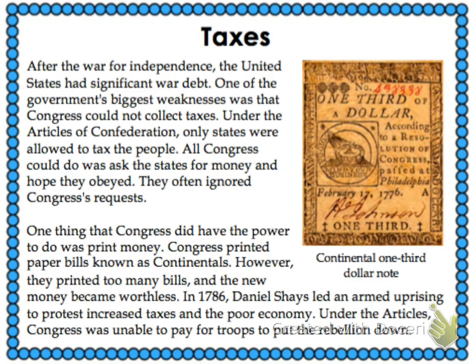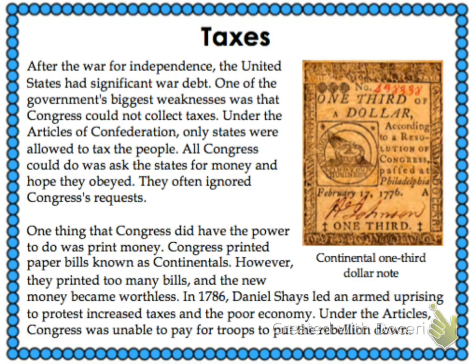It says, after the War for Independence, the United States had significant war debt. One of the government's biggest weaknesses was that Congress could not collect taxes. Under the Articles of Confederation, only states were allowed to tax the people. All Congress could do was ask the states for money and hope they obeyed. They often ignored Congress's request.